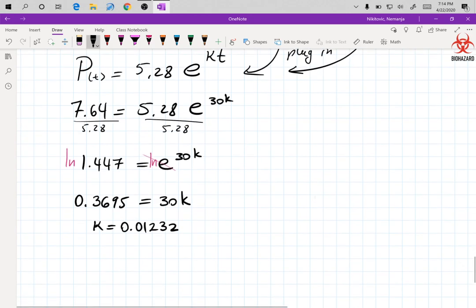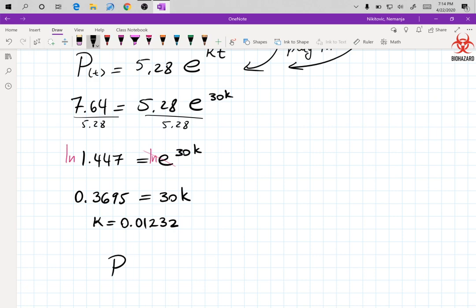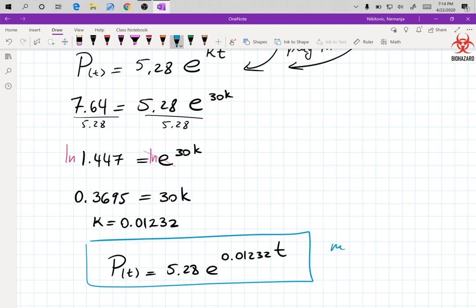I got k. So P of t is equal to 5.28 e to the 0.01232t. This thing is called the mathematical model for population since 1990, because that's where we started.